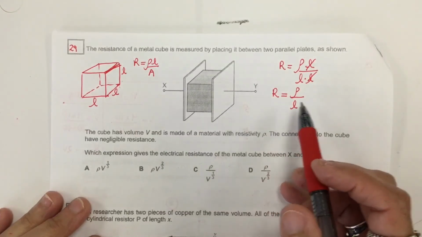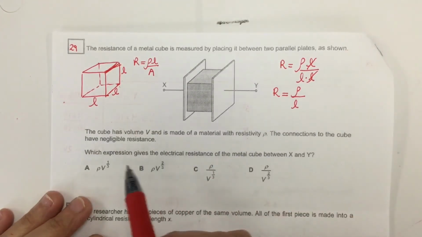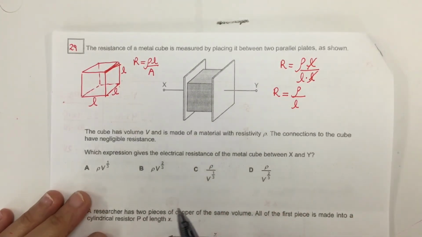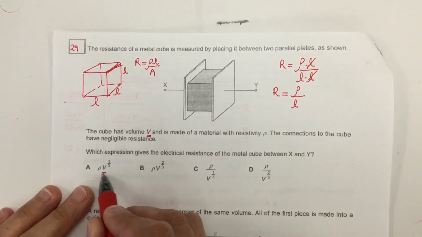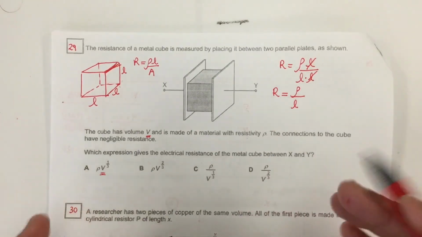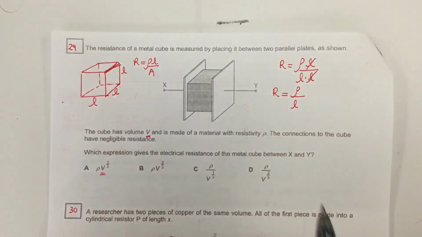It seems that you need to do some more work to get one of the options here, because V is the volume. So we need to find a way to integrate what we have with the volume of this cube.